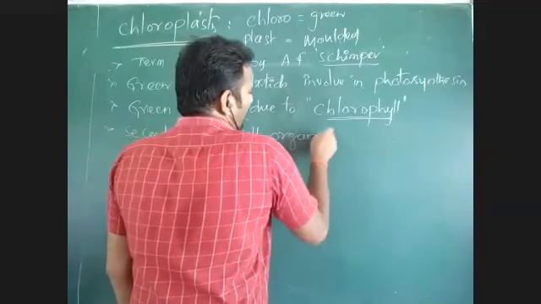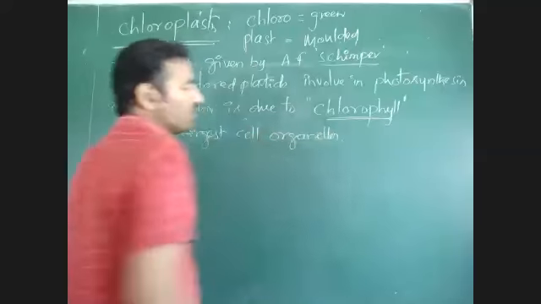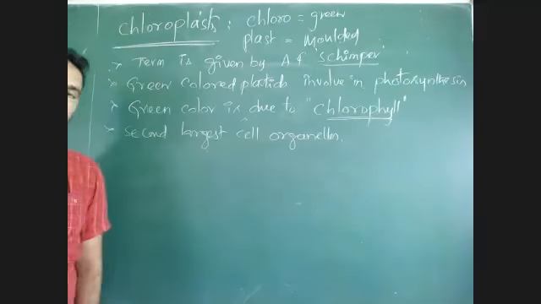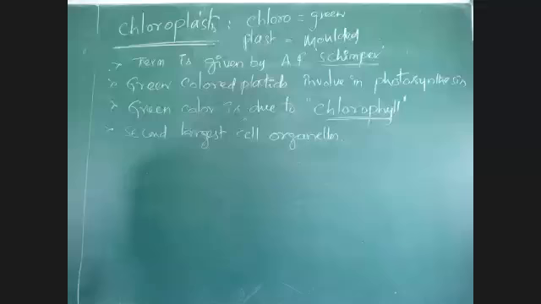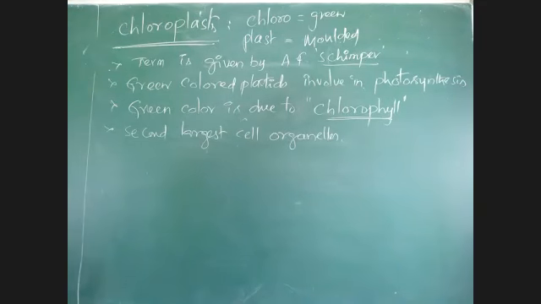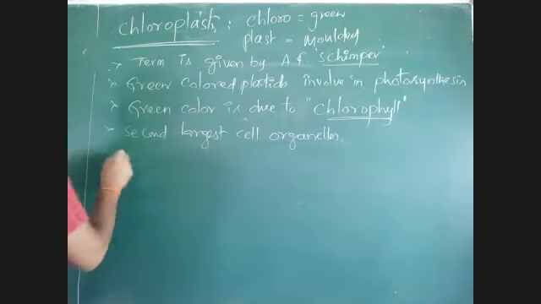What is the largest cell organelle in plant cell? In plant cells, the largest organelle is the vacuole, I told you, which is a unimembranous or single membrane organelle. Here in plant cells, the second largest cell organelle is chloroplast. They are 5 to 10 micrometers in diameter.